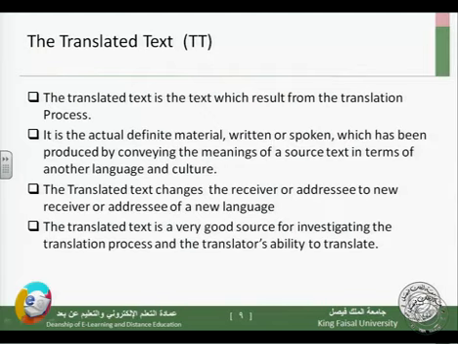Now, if you want to do research or investigation or are interested in translation, the translated text is a very important point you can use as a reference to your research or to your investigation.